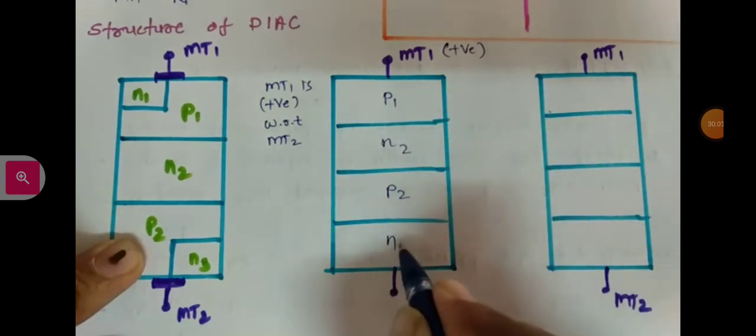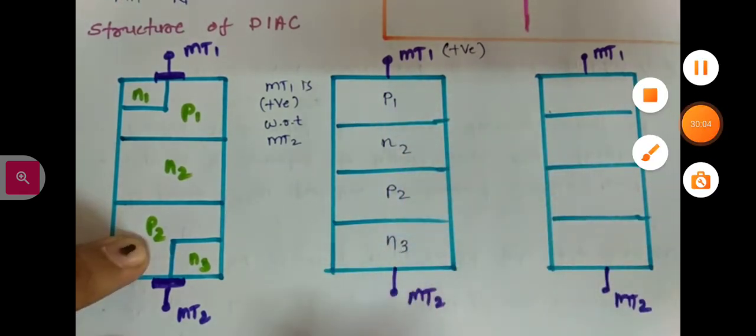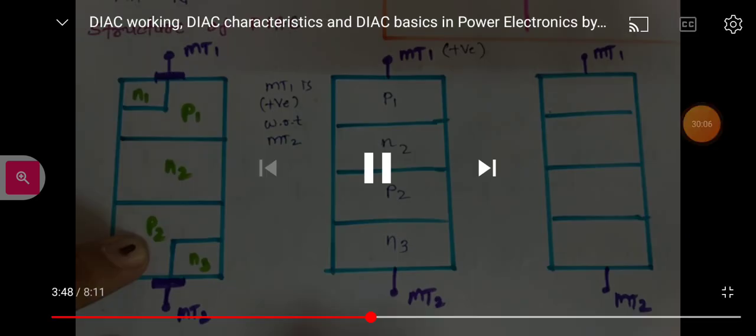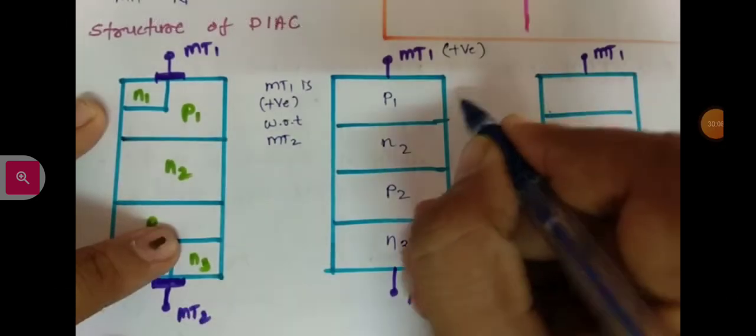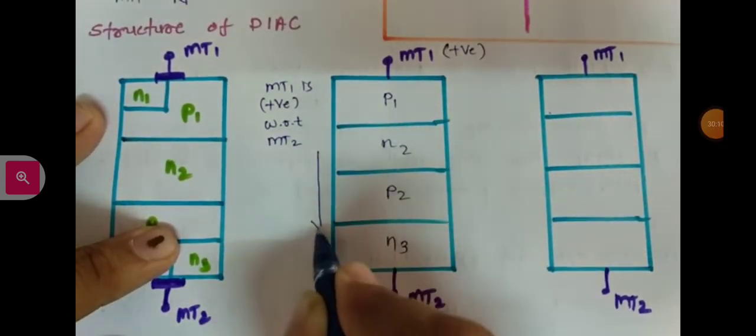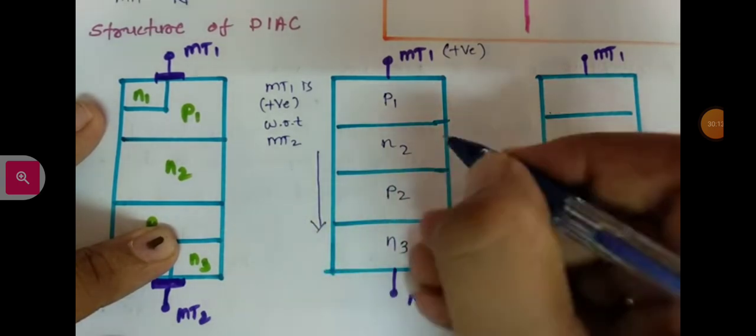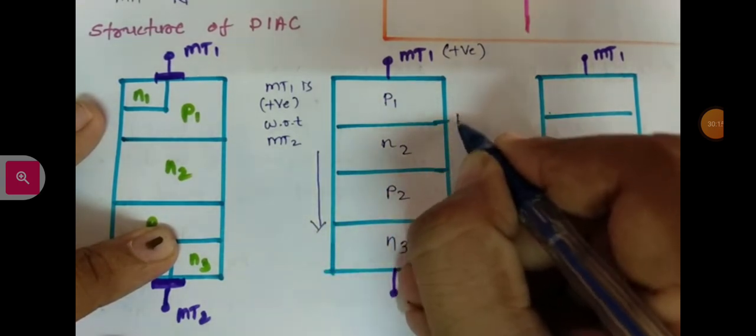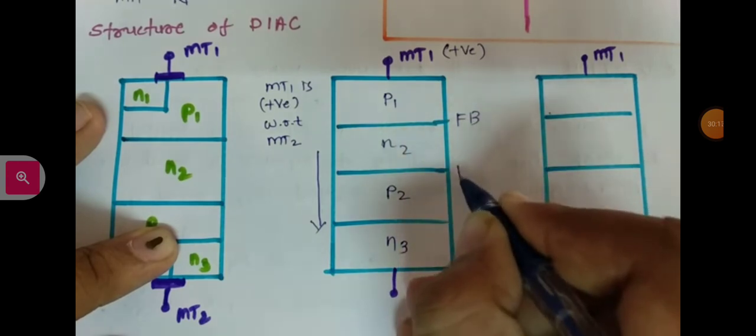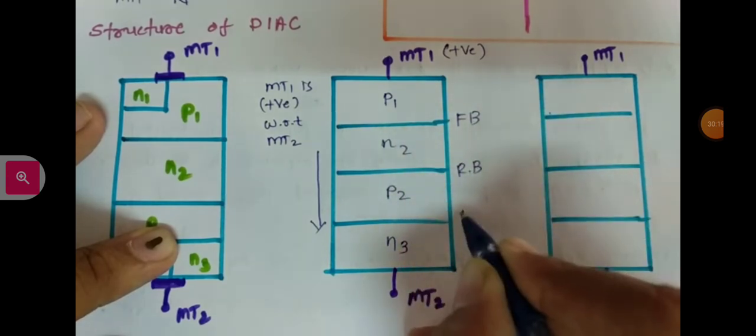So the direction of current will be in this direction, as this junction will be forward biased, this is reverse biased, and this is forward biased.